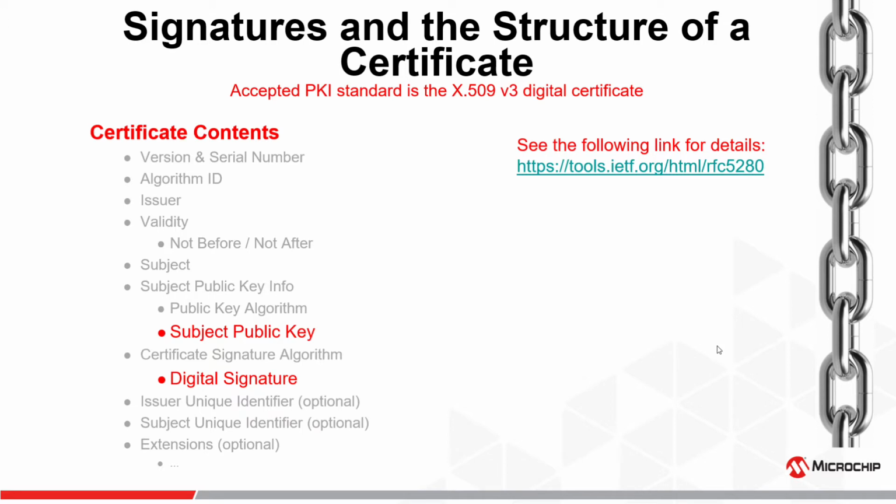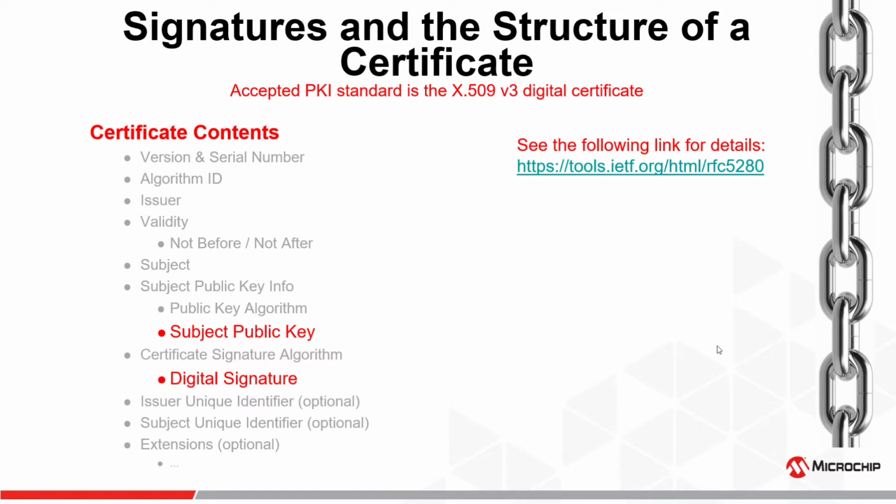That would be the subject public key. And she signed it with her private key, and that would be that digital signature. Now, if this was an enclosed system and there was no need for interoperability with other vendors and other devices, that would be enough. The subject public key and its digital signature would be enough for all of the nodes in the network to trust.